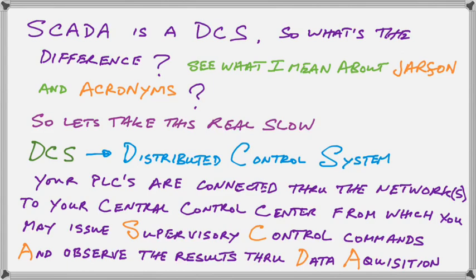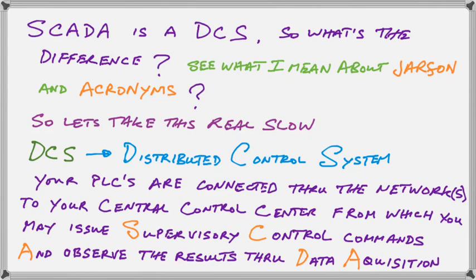Your PLCs will be connected through one or more networks to some central control center from which you may issue supervisory control commands and observe the results through data acquisition. So we see that SCADA and DCS are intimately tied together.